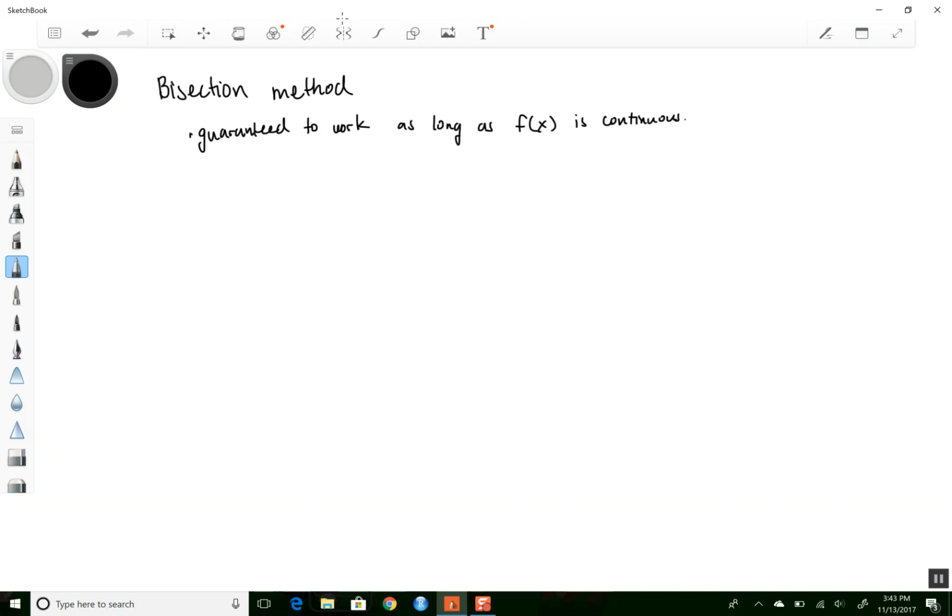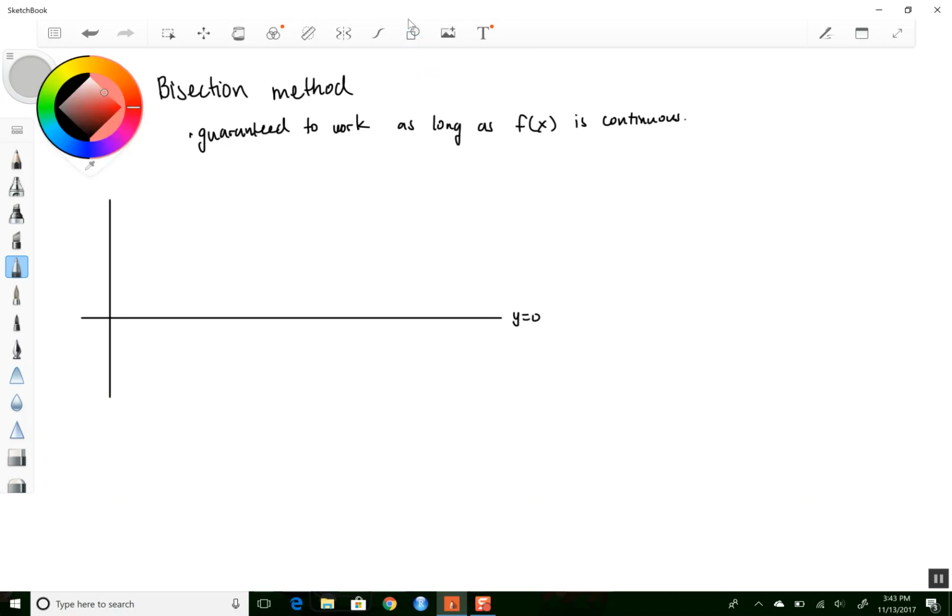Okay, so as long as f of x is continuous, the bisection method will work. And I think it's very easy to visualize. If this is your y equals 0 here, you got some function like that.